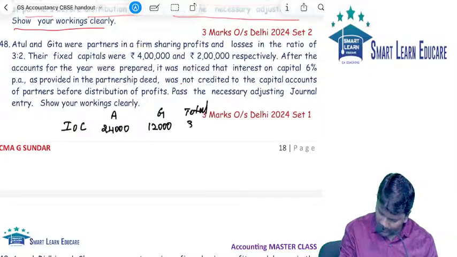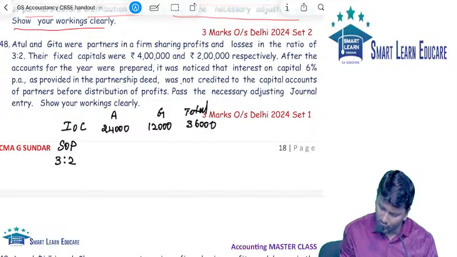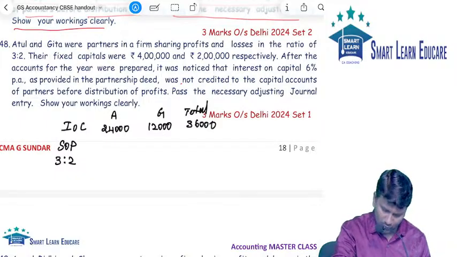Total interest on capital amounts to 36,000, and to the extent of 36,000 we have shared the share of profit wrongly. Share of profit is shared in what ratio? 3:2. 36,000 you should share in 3:2.